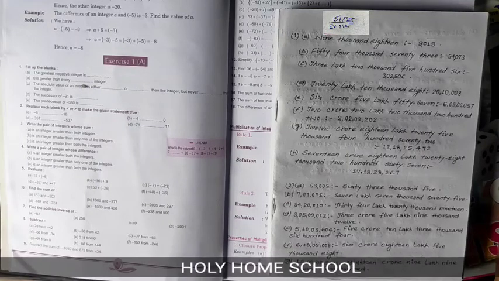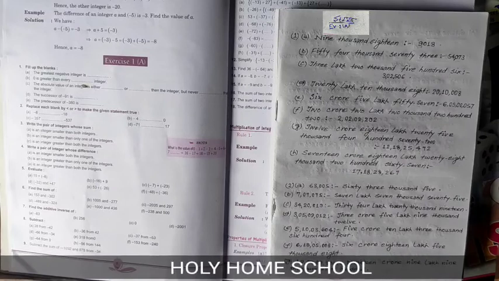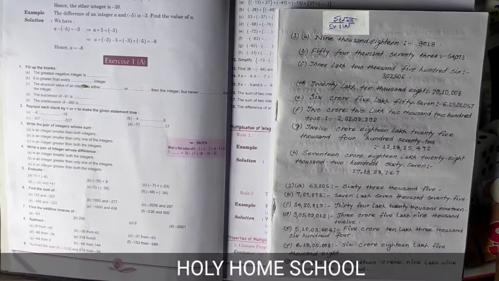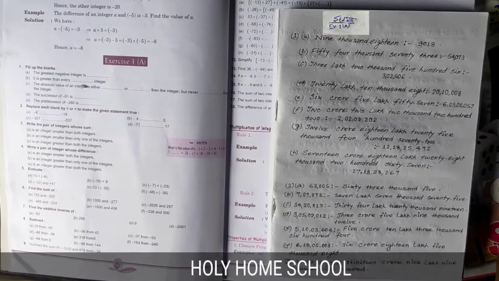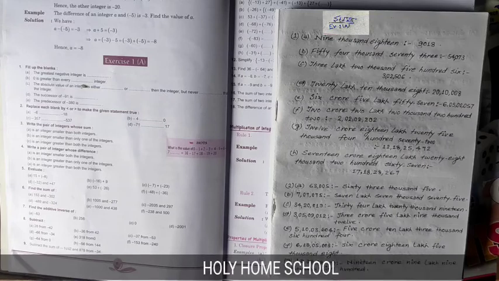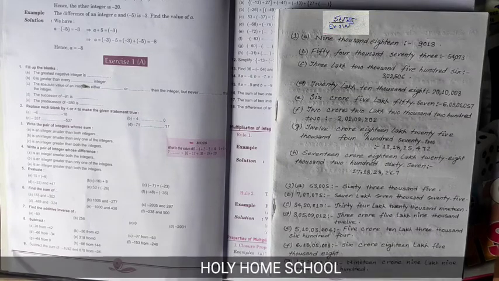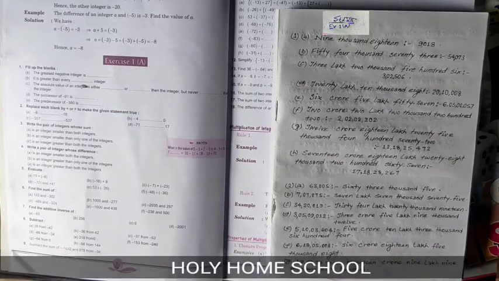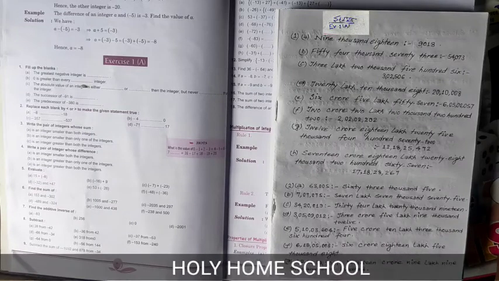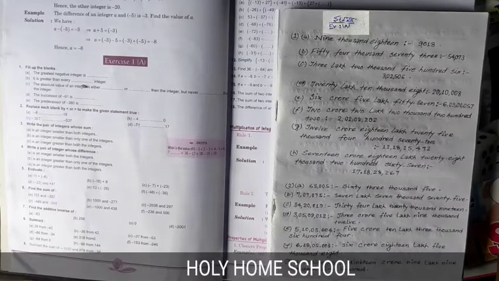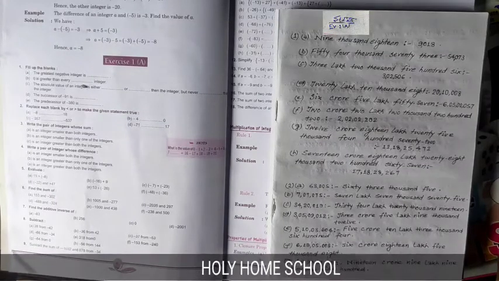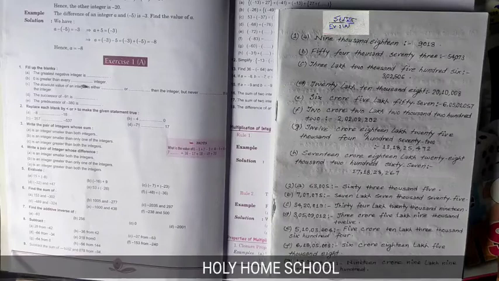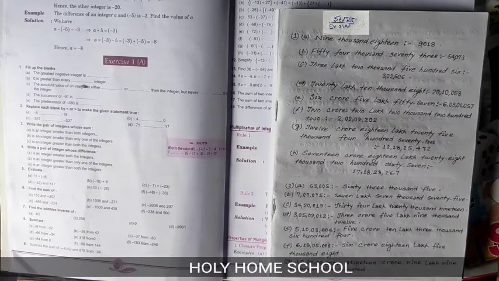On the other hand, we can say that all negative and positive whole numbers are called integers. So we are going to discuss the number system, which is none other than integers.